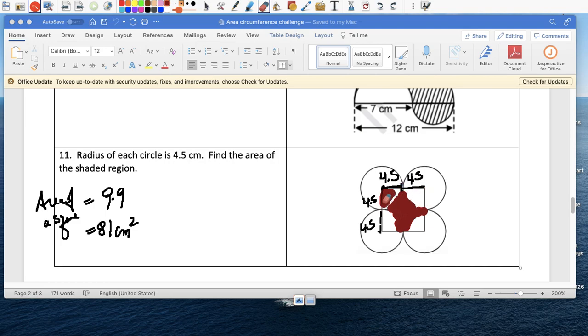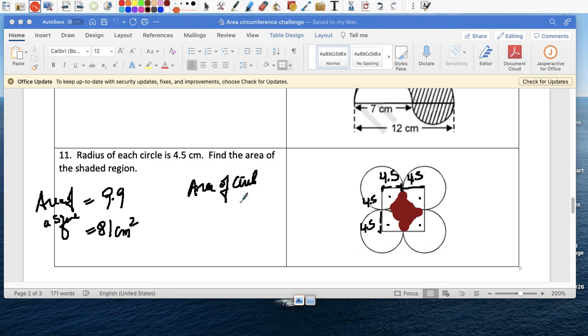Notice that from each corner, I removed a quarter of a circle. There are 4 quarters here, so that equals 1 full circle. This, this, and this each represent 1/4 of a circle, and combined they represent 1 full circle. So I can just find the area of a circle.